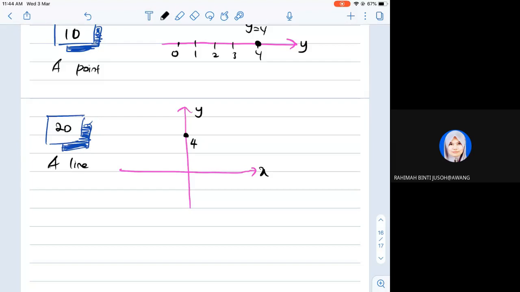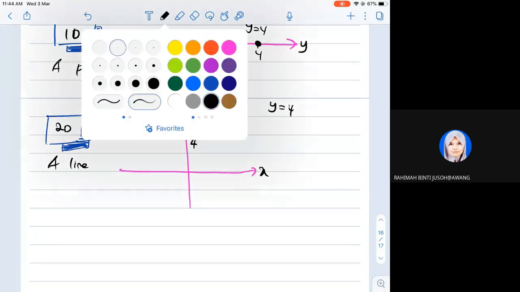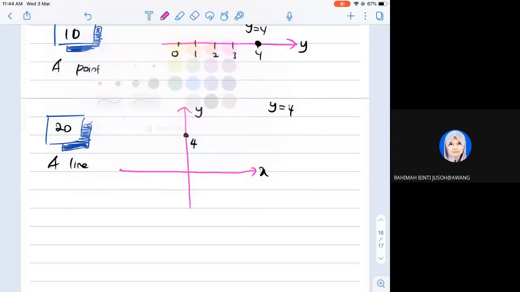Alright, so now Y equals to 4 in this equation, guys, there is no variable x dalam equation tu kan. So bila tak ada variable x dalam equation tu, the line should be parallel along x.